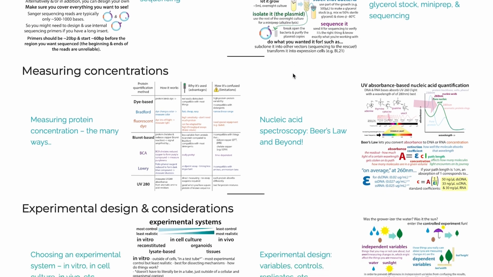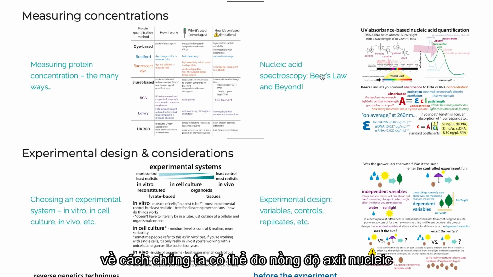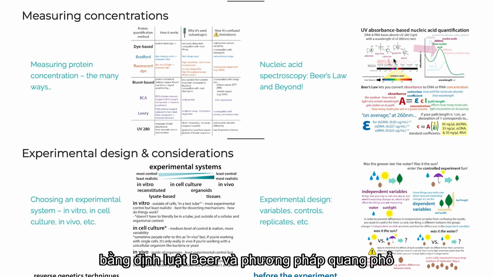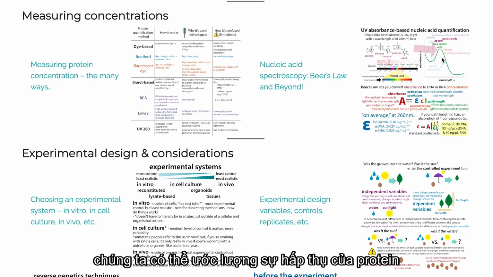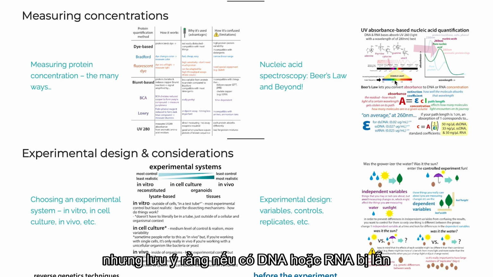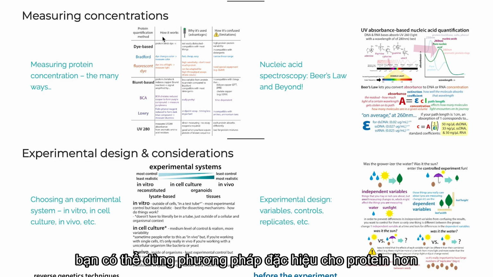We talked a little bit before about how we can measure nucleic acid concentration using Beer's law and spectroscopy, measuring the absorbance at 260. If we measure at 280, we can get an idea about protein absorption. But note that if you have DNA or RNA contamination, that's going to also influence your ratios. You can use a more protein-specific method.